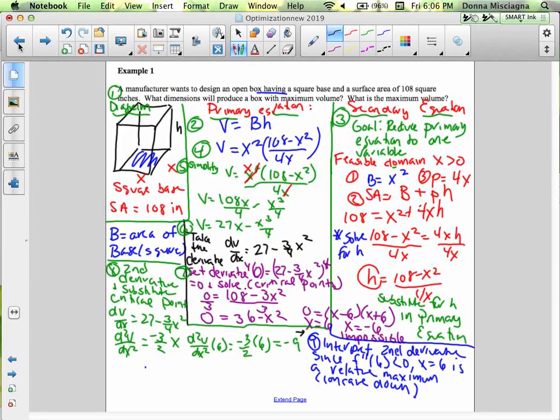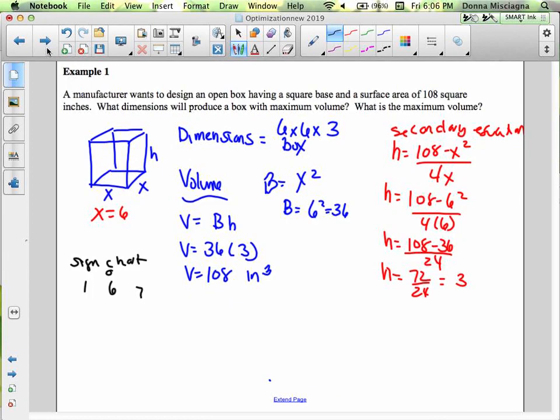Set the derivative equal, there it is, 27 minus 3/4 x squared. So 27 minus 1 is going to be positive. If I plug in a 7, 3/4 of 49 is going to be greater than 27. Actually, I could choose a nicer number that works better with 3/4. How about 8?